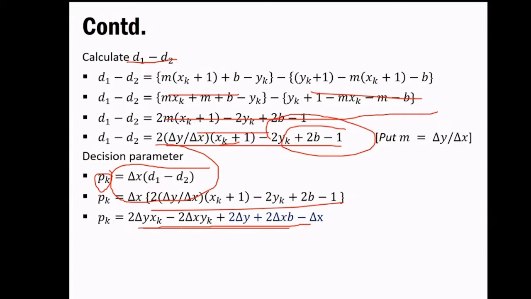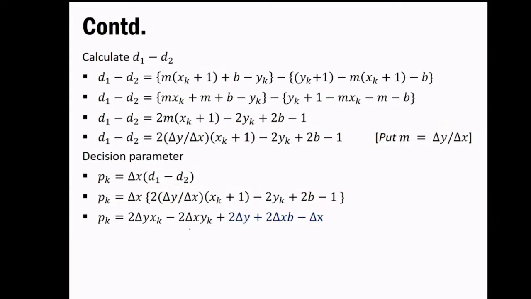Okay, simplify this thing now. See this, this delta is getting multiplied with this thing also, that is minus 2 yk delta x.